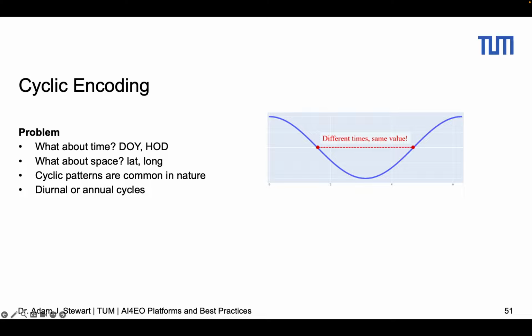The other thing that you've already seen before is cyclic encoding. So if we have information like time, for example, day of year or hour of day, this is actually a cycle. Day 1 and day 365, they're very similar, even though 1 and 365 are not nearby each other. Similarly, in space, if you have latitude or longitude, 0 degrees and 360 degrees, these are the same place on Earth.